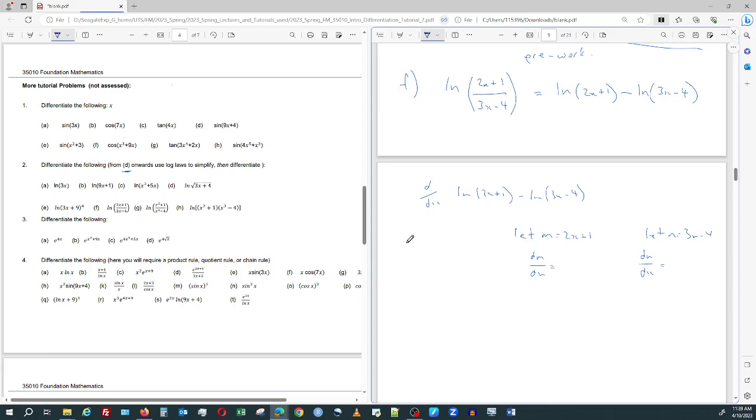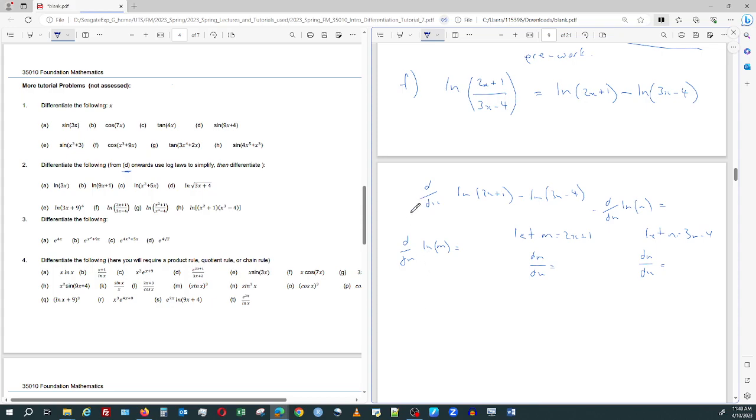So we're going to have a d/dm of the ln of m equals, and we're going to have a d/dn of the minus ln of n. Okay, so just having to pull that together to use them individually.